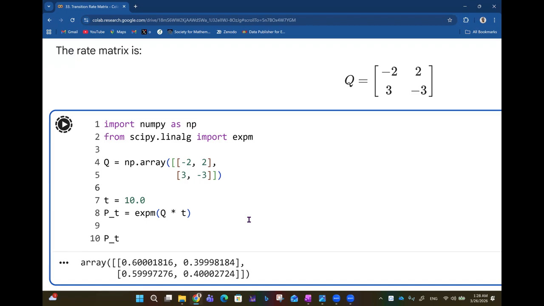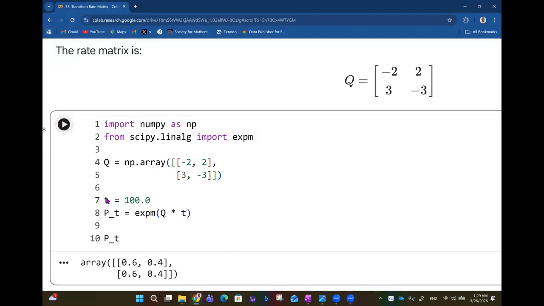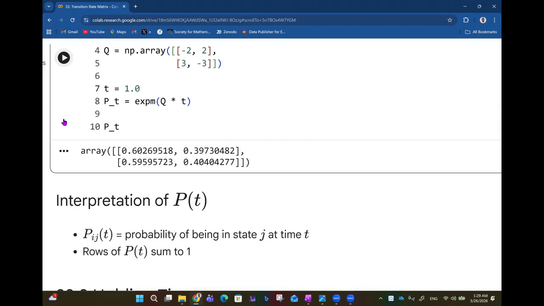That's like when you do pi Q equals 0, you're likely going to get 0.6 and 0.4. Even at time 100, it's still the same thing. So that means if you do pi Q equals 0, you are likely going to get 0.6, 0.4.